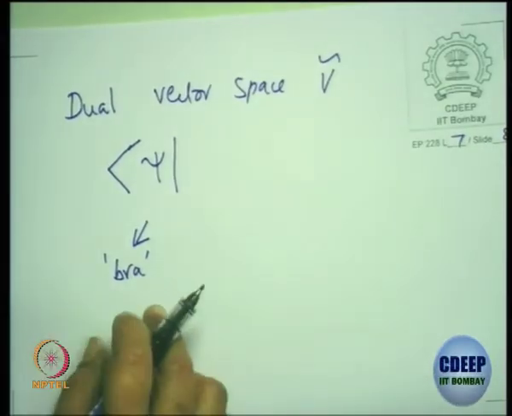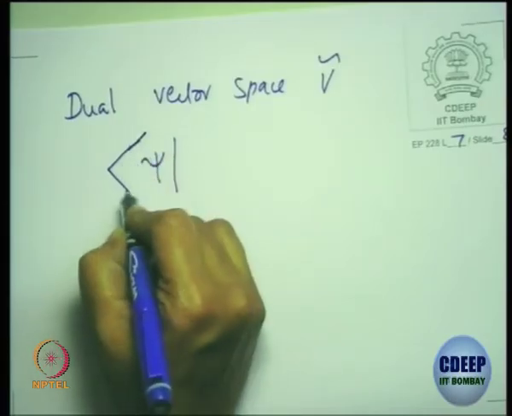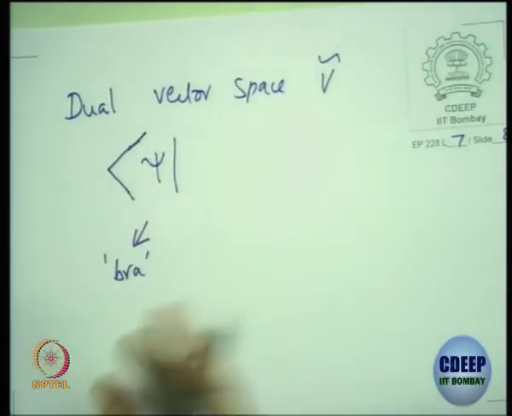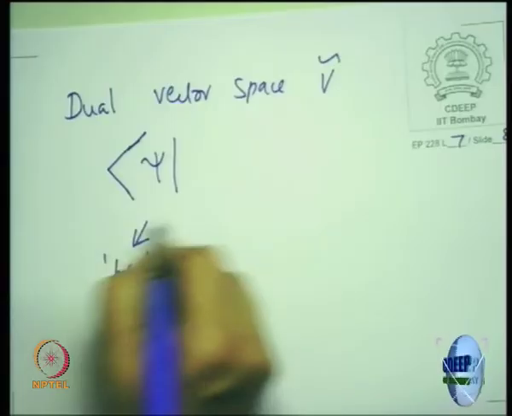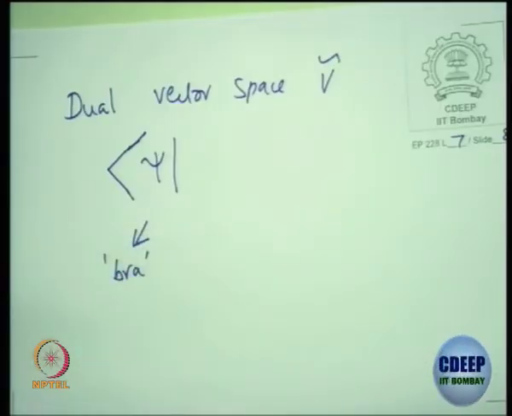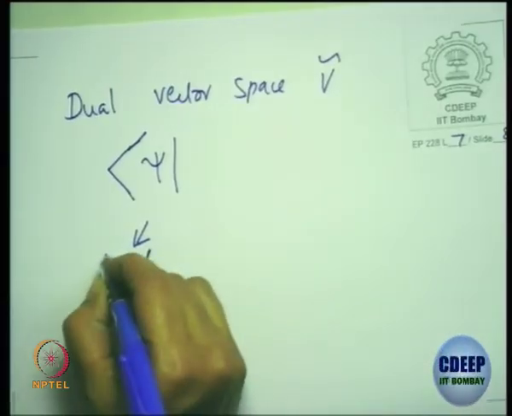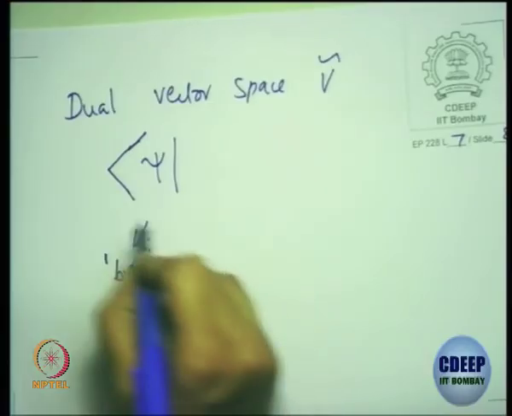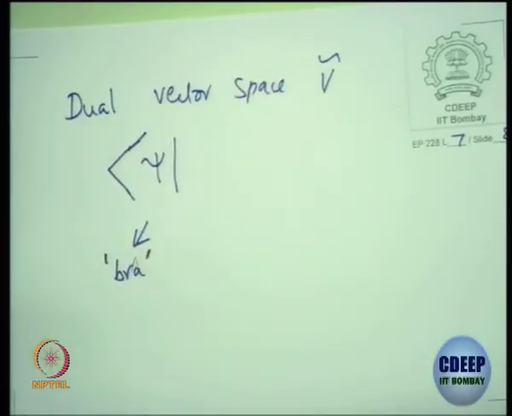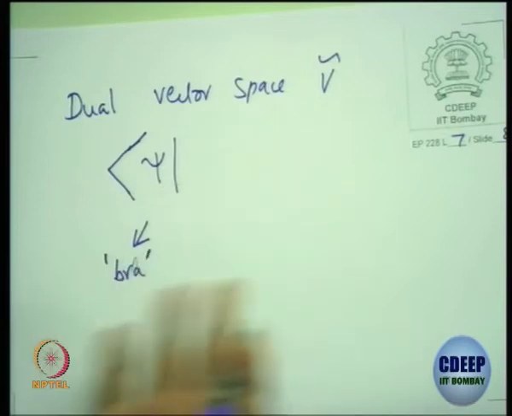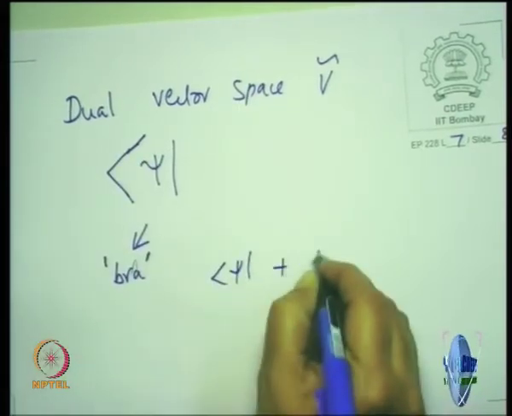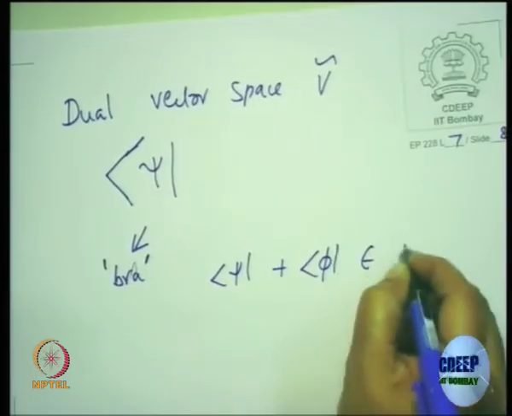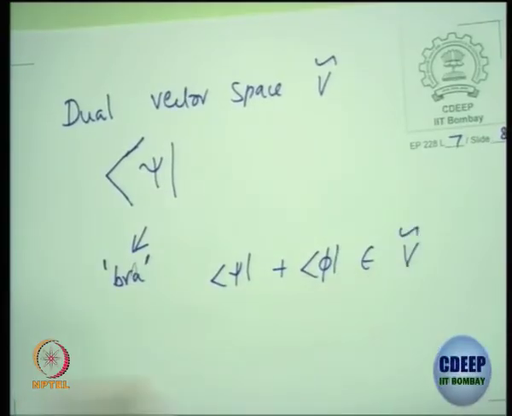This is the angular bracket written in the opposite fashion. This bra notation will also satisfy the same set of properties which you saw for the vector space V, so psi plus phi should be an element of V tilde and so on.